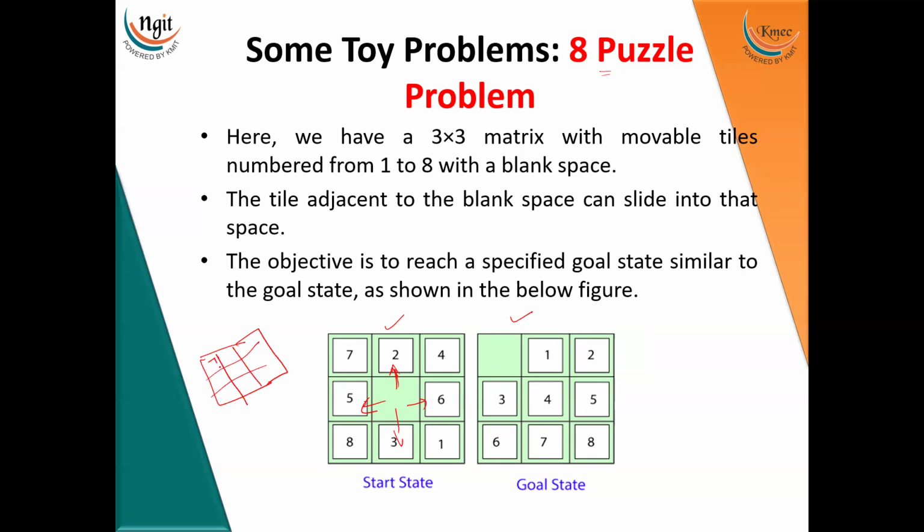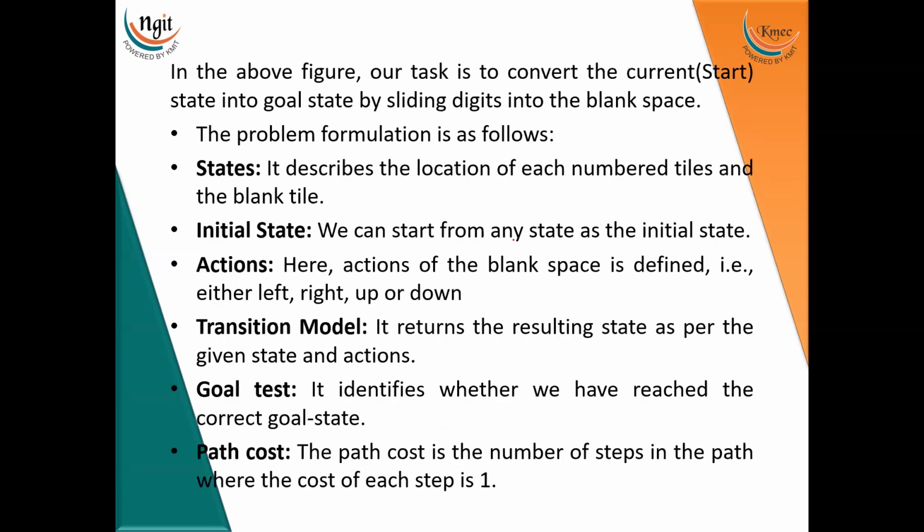It will be 7, 4, 5, 2, 6, 8, 3, 1. The resultant of this particular action is called the transition model. It presents the resulting state as per the given states and actions.